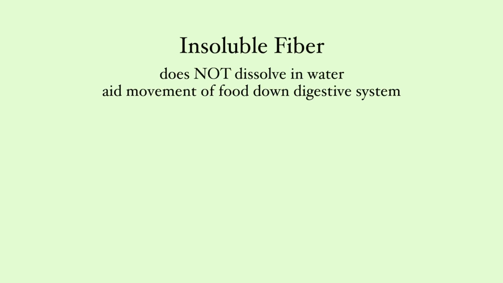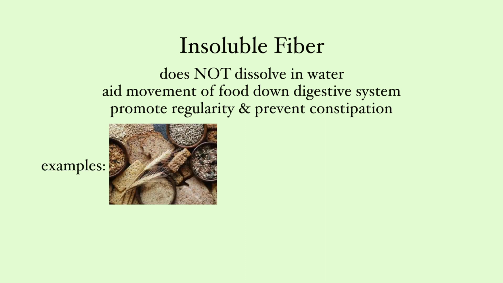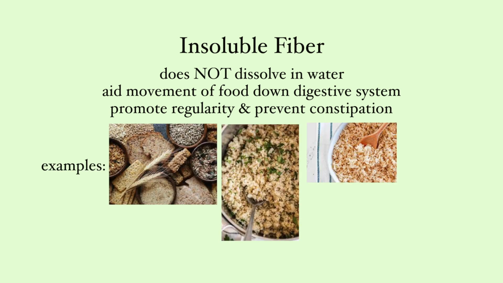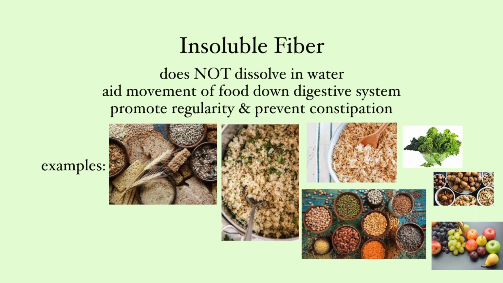On the other hand, there's insoluble fiber. This does not dissolve in water but can help move food through your digestive system, promoting regularity and helping prevent constipation. Examples of these include whole wheat products, quinoa, brown rice, legumes, leafy greens, almonds, walnuts, and fruits with edible skin.